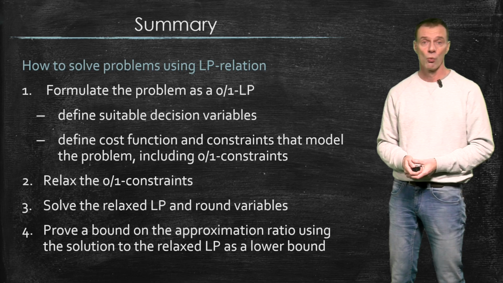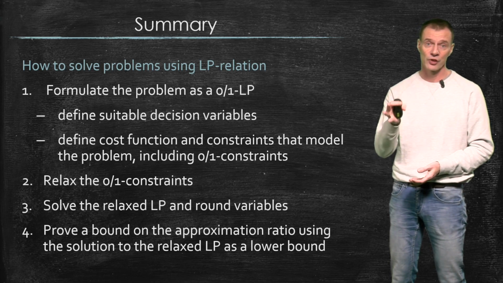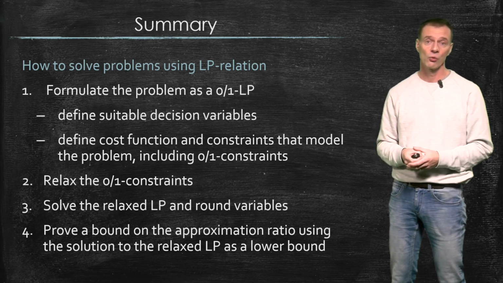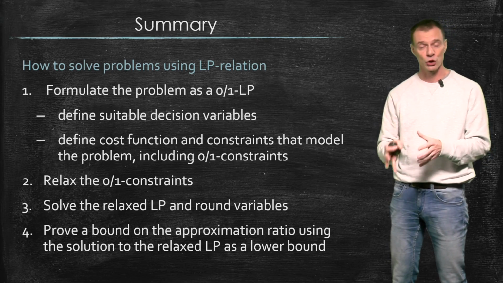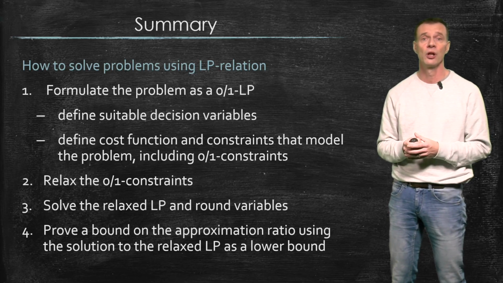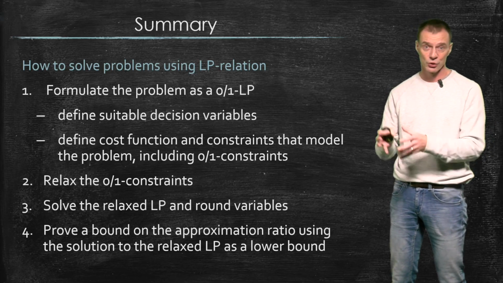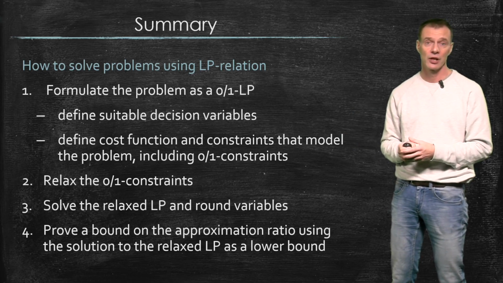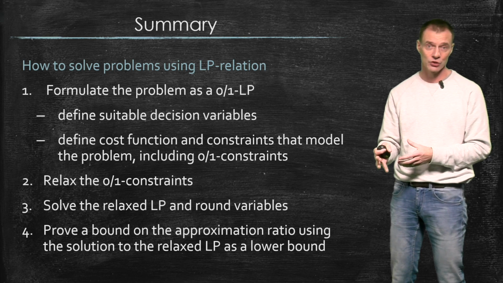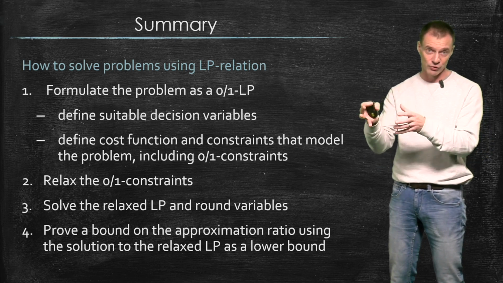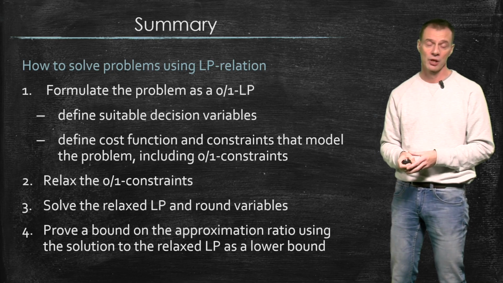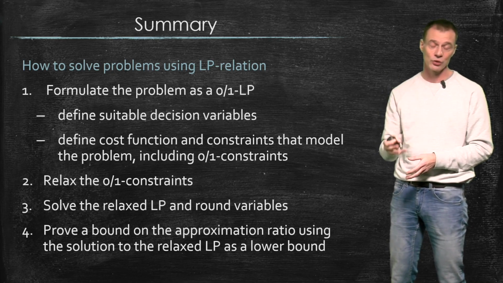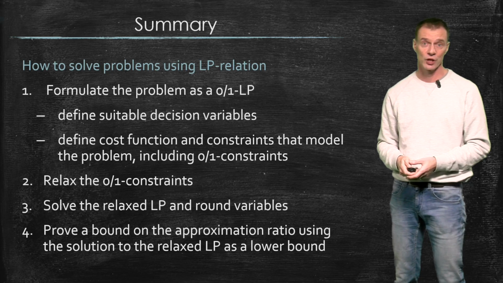Then the question is, what is the approximation ratio of your algorithm? Okay? And for that, the proof is always very similar. So you can almost copy-paste the proof that we saw. You use the solution for the relaxed LP as a lower bound, and in the proof the threshold will show up, and using that you can derive what the approximation ratio of your algorithm is.